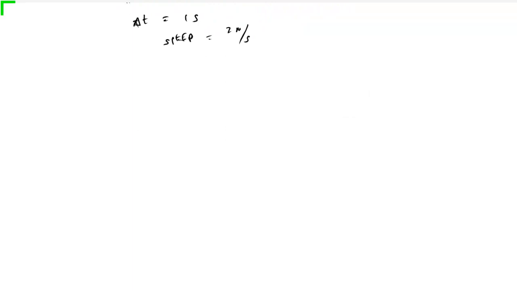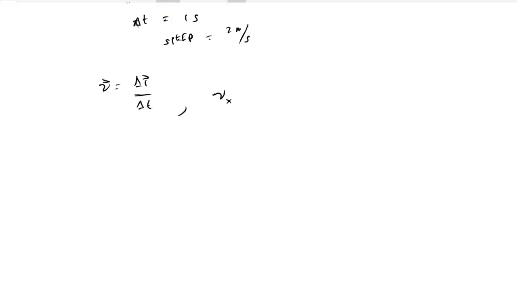Oftentimes, actually pretty much always, we're going to talk about our velocity in terms of components. Although the definition of velocity is displacement per time, it's going to be much more useful to talk about it in components. Just like we broke our displacement into components, an x displacement and a y displacement, we can talk about an x velocity.